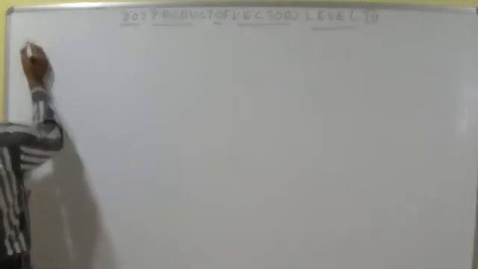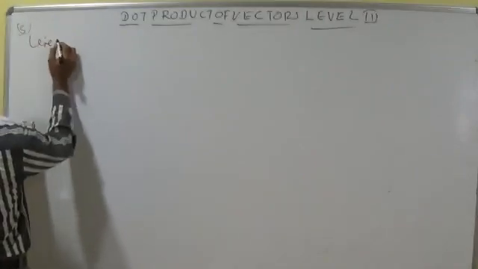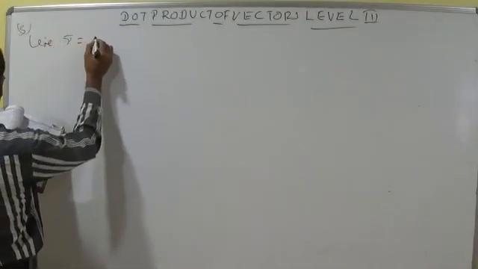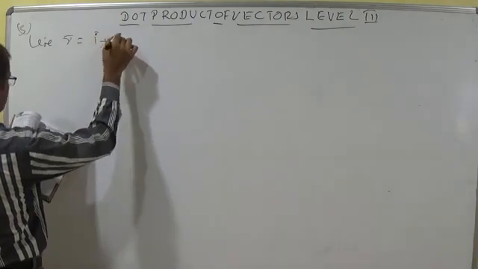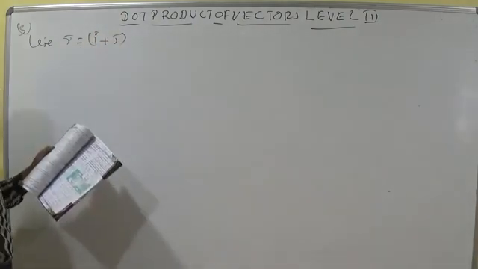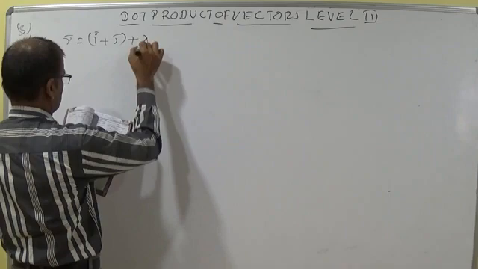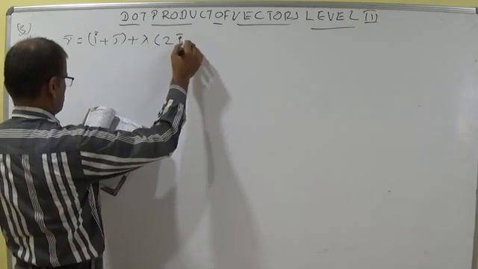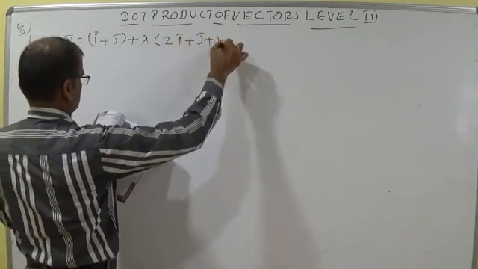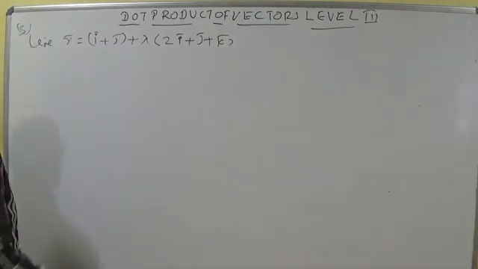Line he given as r bar is equal to i plus j, this is a bracket, i plus j plus lambda into 2i plus j plus k. This is a line he given.